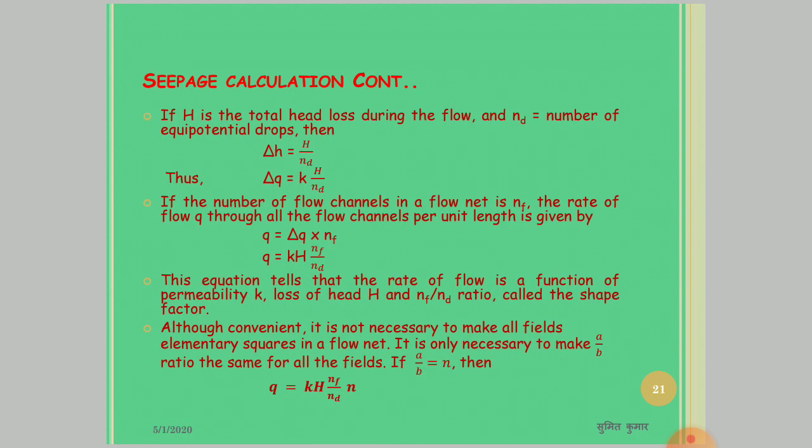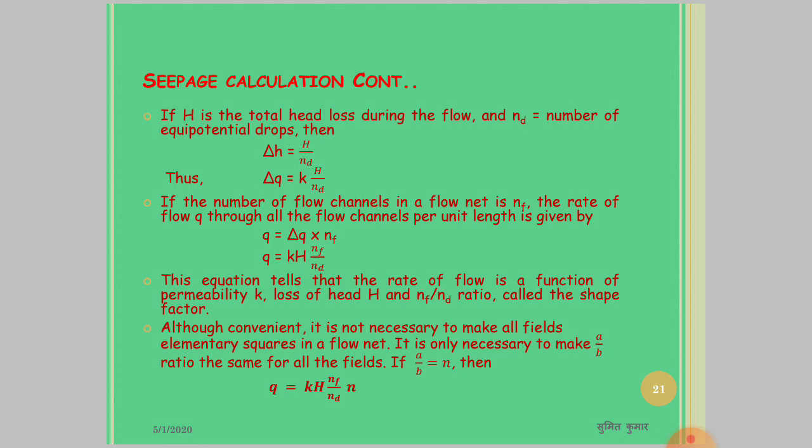If capital H is the total head loss during the flow and ND is the number of equipotential drops, then del H can be written as capital H by ND. If the number of flow channels in a flow net is NF, the rate of flow Q through all the flow channels per unit length is given as Q is equal to del Q into NF.